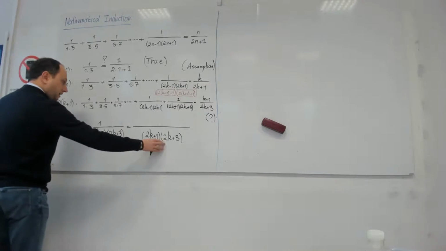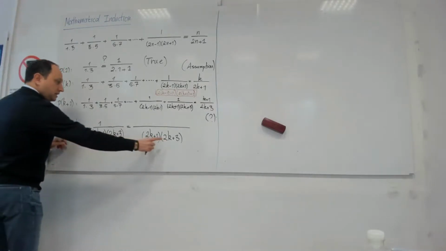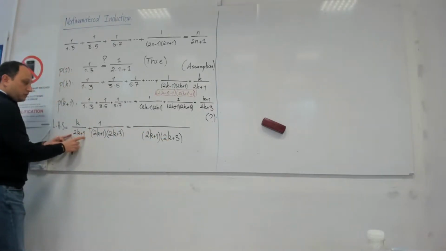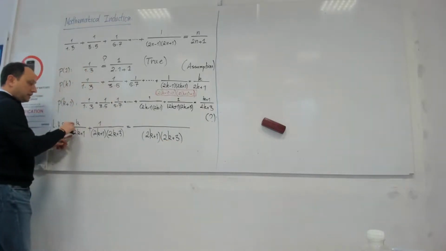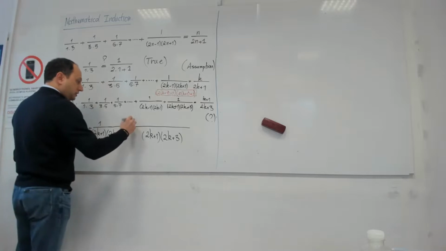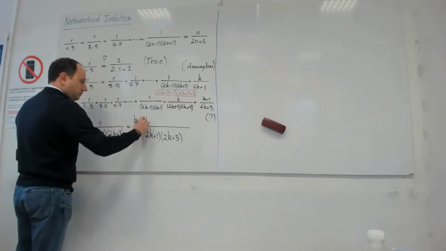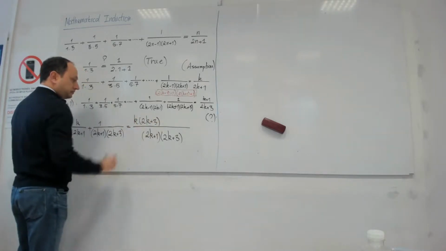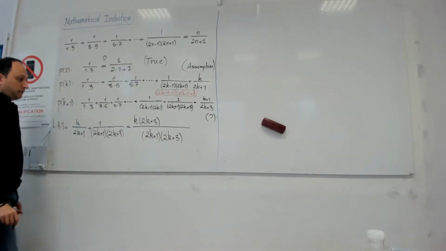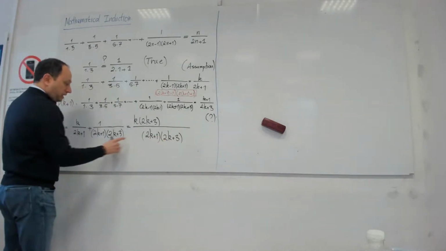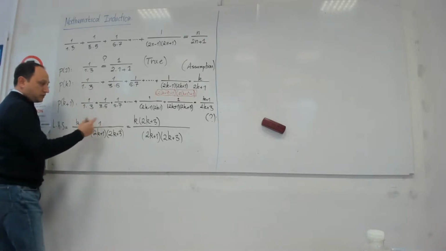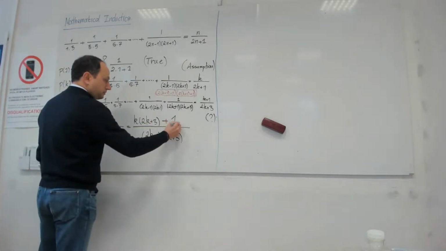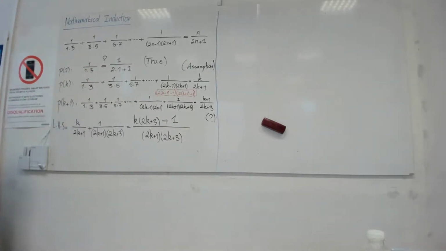Then this one divided by this one gives me 2k plus 3, so I have to multiply it on the numerator. So this becomes k times 2k plus 3. And then for this one, if I divide, 1 times 1 is just 1. So I need to add 1 to it. Okay?